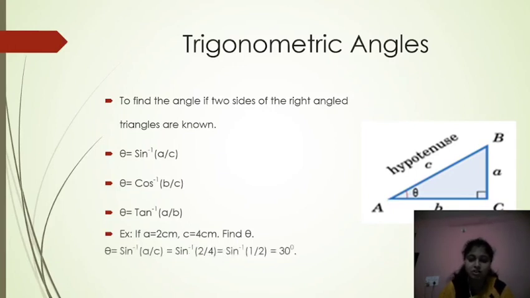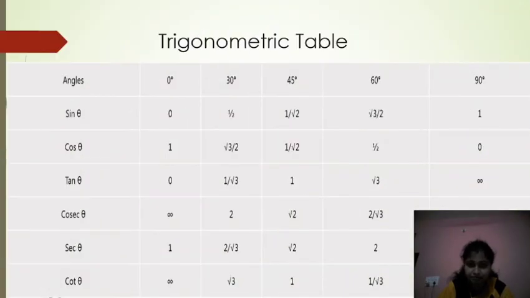So theta equals sine inverse of A by C, which is sine inverse of 2 by 4, and 2 by 4 we are bringing to a simpler ratio, which is sine inverse of 1 by 2, and sine inverse of 1 by 2 is 30 degree. How this value came, we'll learn in the next slide.